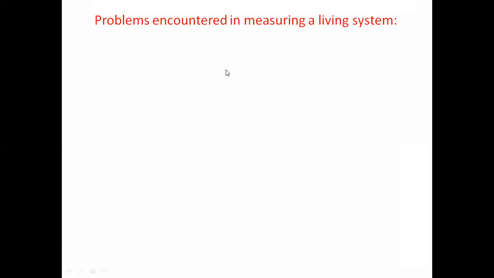Every time it will change, because the patient is moving. Due to his pain, he is not stable, so he is moving. Due to that also the obtained output signals will change. This is one problem. Like that, there are a number of problems encountered in measuring a living system.